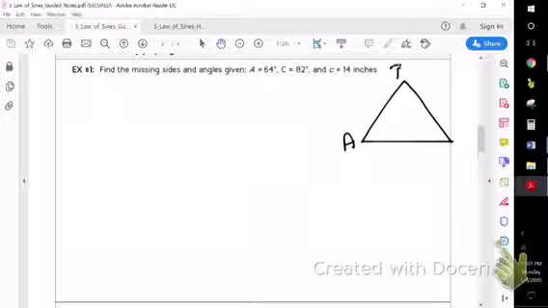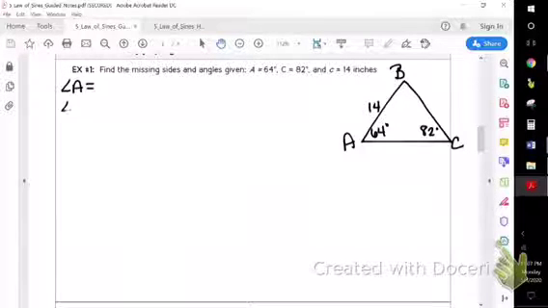Remember, your angles are always capital letters, and your sides are always lowercase letters. So angle A is 64 degrees, angle C is 82 degrees, and side c, which means it's across from angle C, is 14 inches.